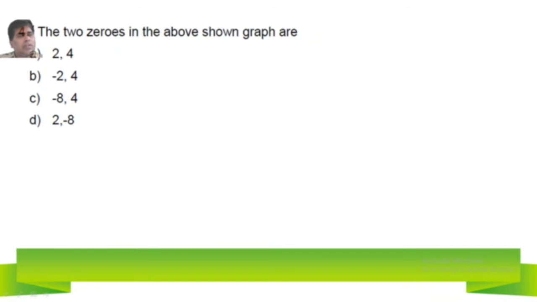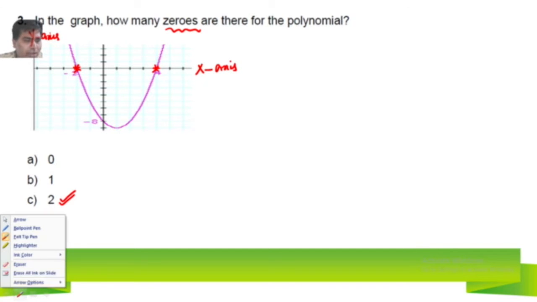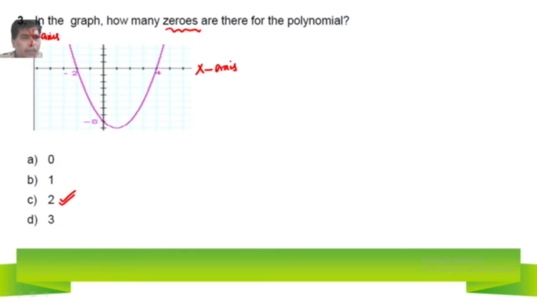Now the 2 zeros in the above shown graph are, what are the 2 zeros in the above graph? We will go back once again. Where is it touching? It is touching at 4. If you look clearly, it is intersecting at -2.